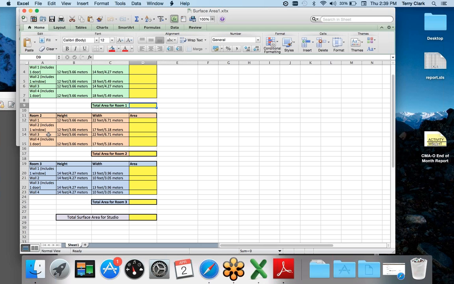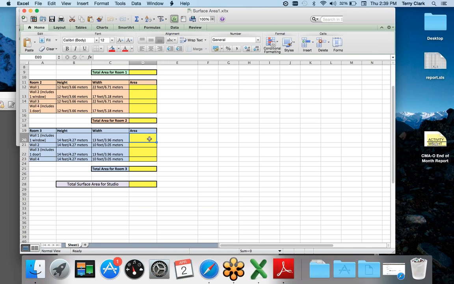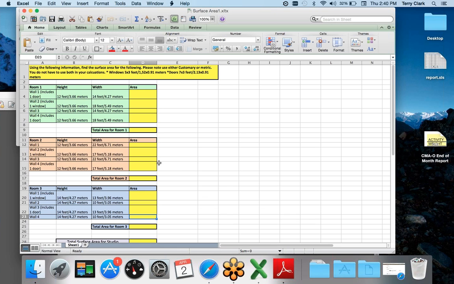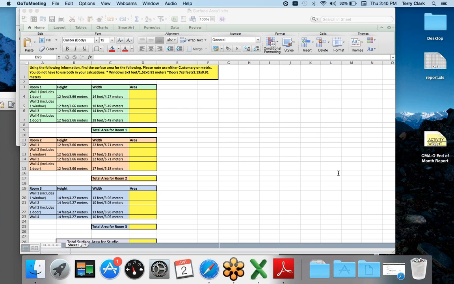Then for room 2, walls 1, 2, 3, and 4, you have areas as well, and for room 3 as well. You get to choose, so we provide you with both. With the walls, it's going to be height and width. That's sort of like length and width, but the walls are high.